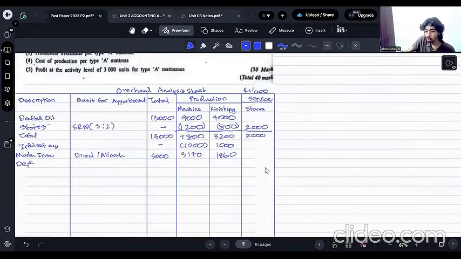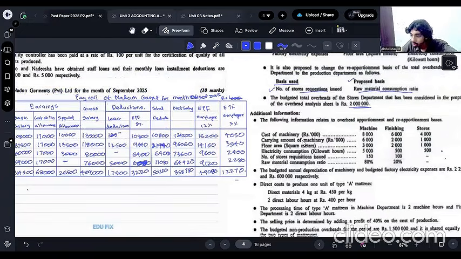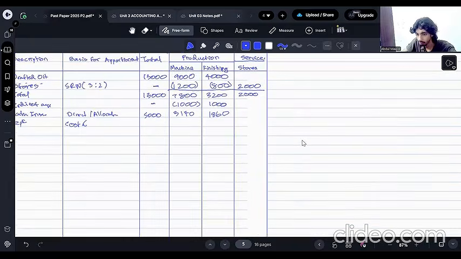Depreciation, old method is the cost. Based on the cost of that machine, that is 8 is to 6 is to 4. When you simplify it, it's going to be 4 is to 3 is to 2. We are going to remove it based on this method.